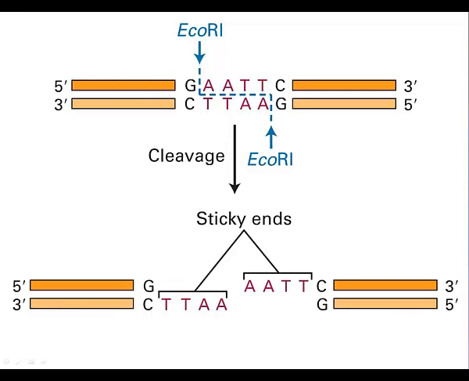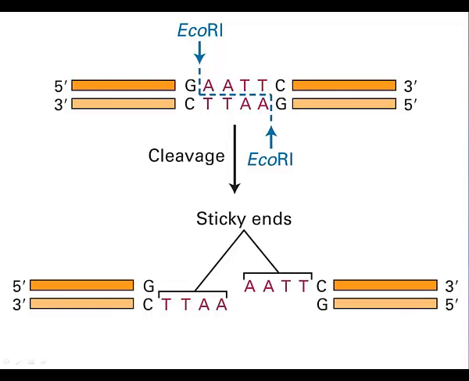And you can see how it would be important for bacteria to find a way to protect themselves from their own restriction enzymes, which they do by the addition of some methyl groups to their genomes. But that discussion is outside the purview of what we're talking about right now. So restriction enzymes then are literally made for cutting DNA up into a bunch of little pieces, and that's what they're used for in the Southern blot procedure.